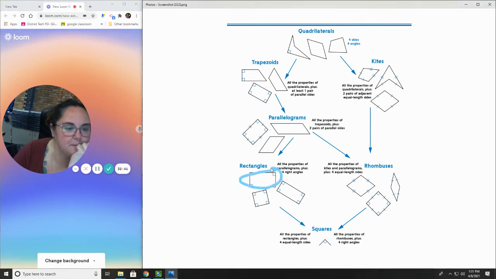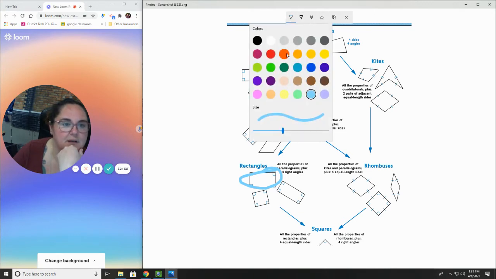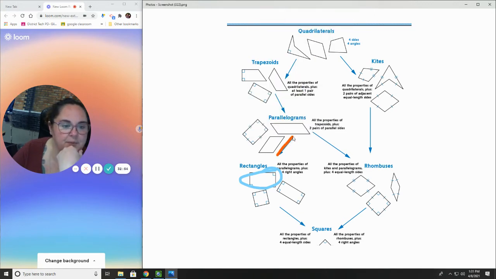It was this rectangle. So right now I know one name for it, right? Remember, if I can go up through the arrow, that is also a name for it. So a rectangle is also a parallelogram. It is also a trapezoid. And it is also a quadrilateral.